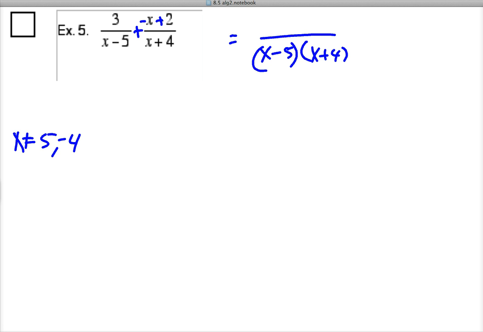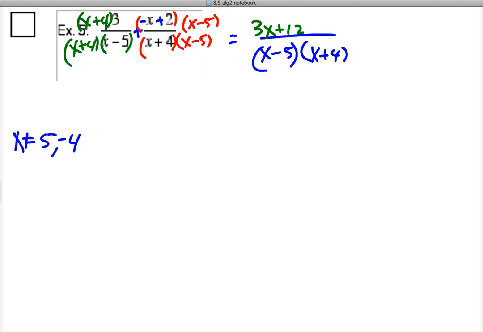On the left-hand side, I need x plus 4. Distribute the 3 and you get 3x plus 12. On the right-hand side, I need the x minus 5. Make sure we're FOILing it out.